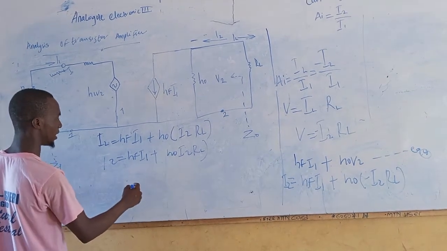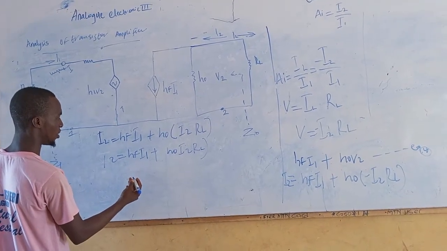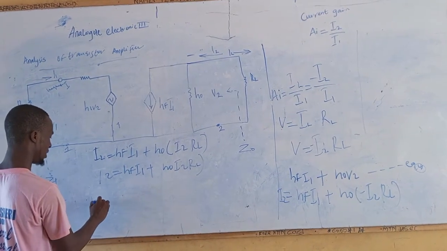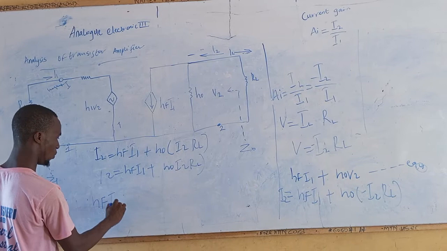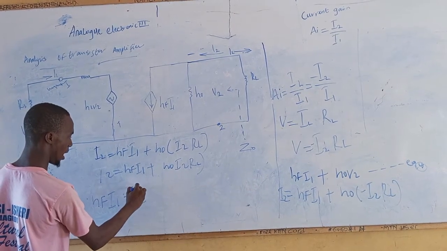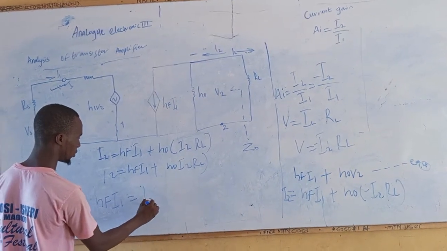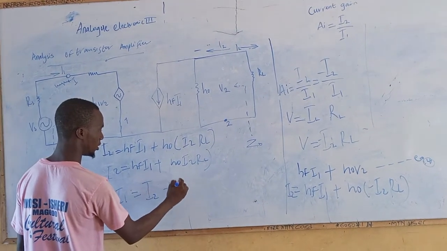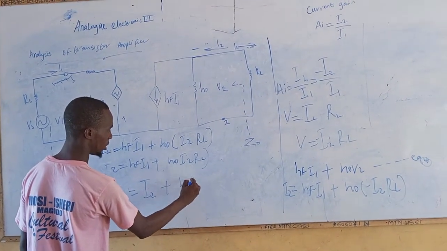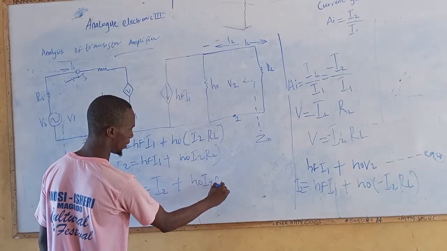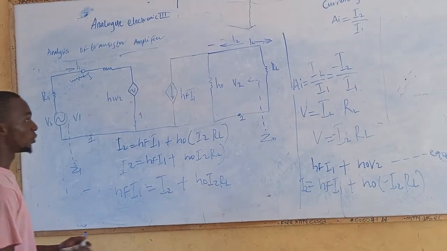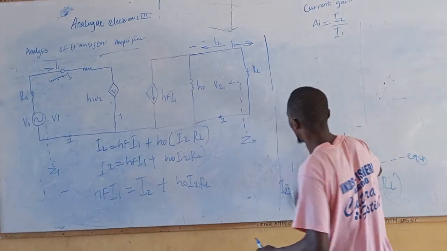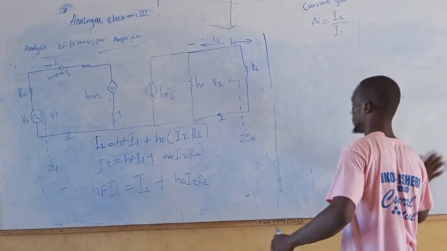So in this aspect now, what do we have in common? Let us bring HF I1 equal to I2 plus HO I2 R_L.